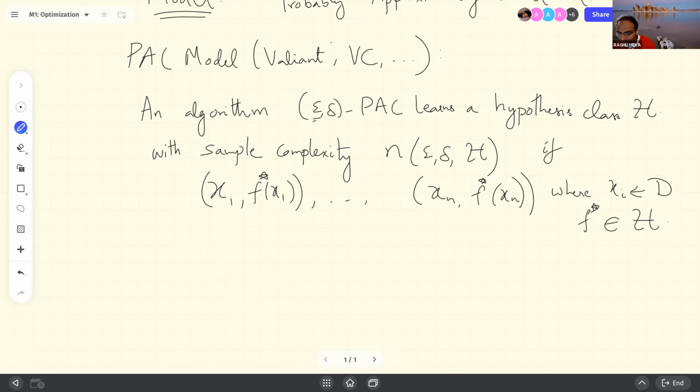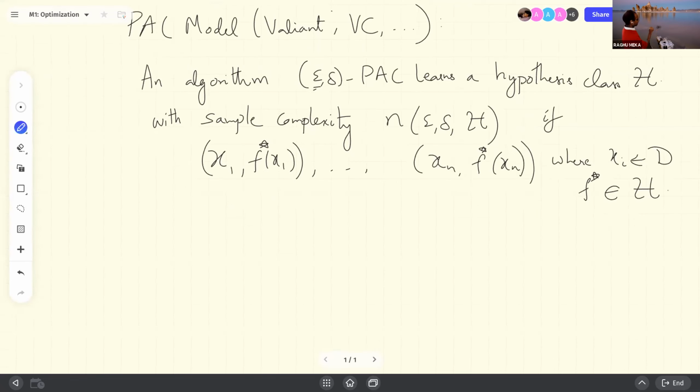The question, let me get to the question in a second. And the goal that we want is the following. So this is my input, right? And the output is some predictor, h, okay, that I'm computing.